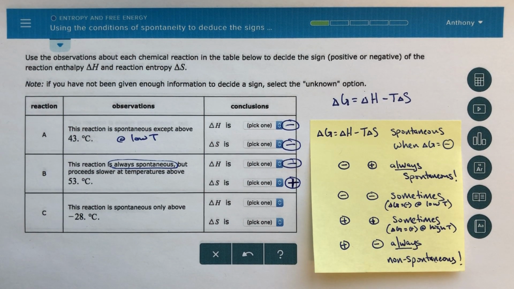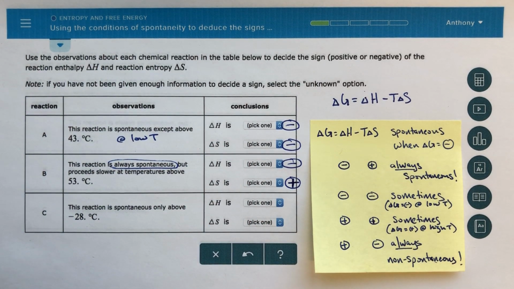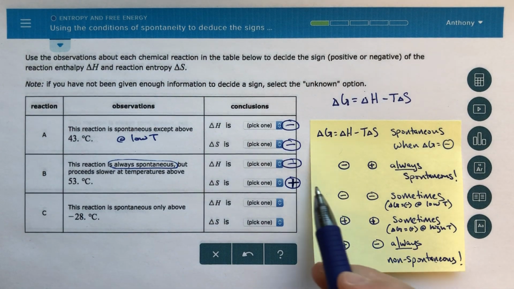The fact that the reaction proceeds slower or faster, that's what we call kinetics, and that's not related to the thermodynamics really at all. We can have spontaneous reactions that go really slowly, and we can have spontaneous reactions that go really fast. But what's important is the phrase always spontaneous. That's these conditions. An exothermic reaction with an increase in entropy is always going to be spontaneous, so that's what we're going to put in here. This is a negative.